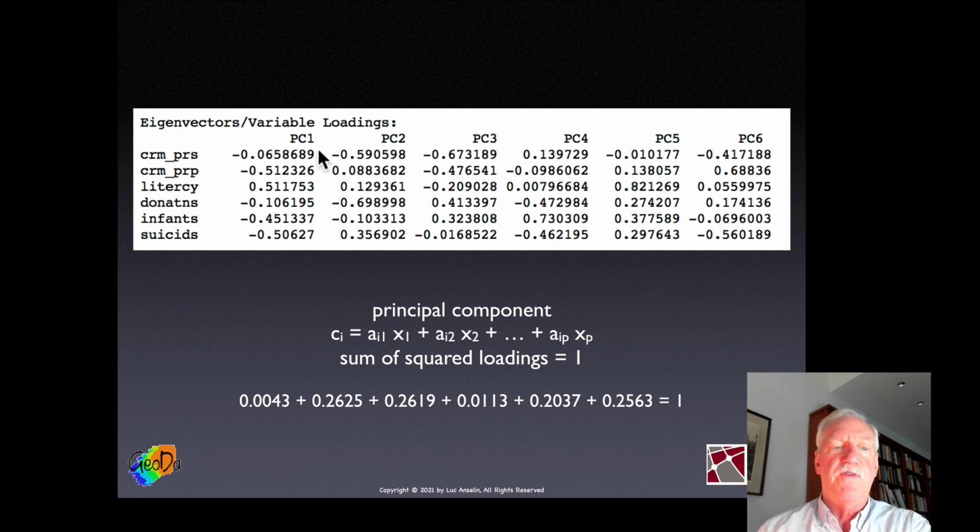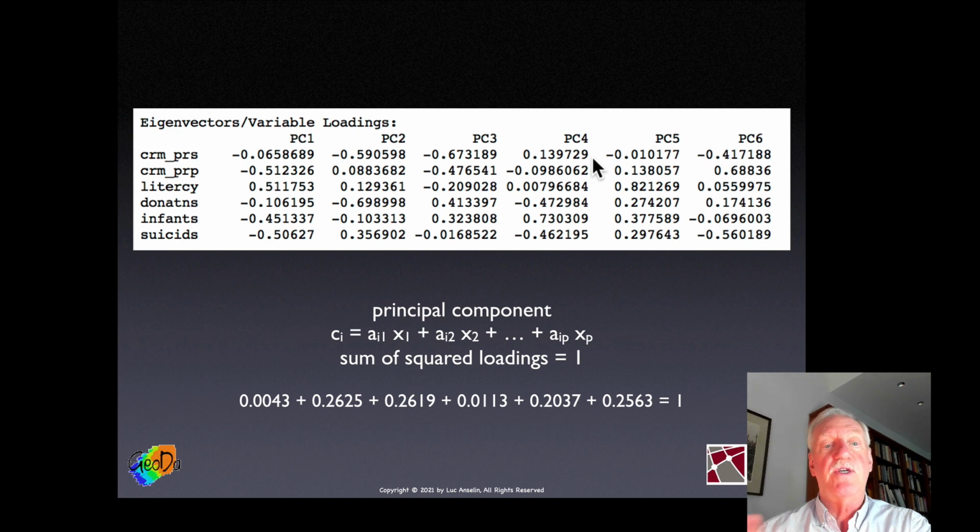And these coefficients are scaled such that the sum of their squares is 1, and you can readily verify it. So you see, for example, that the first, second, third, fifth, and sixth component load negatively on crime against persons, but the fourth one loads positively.